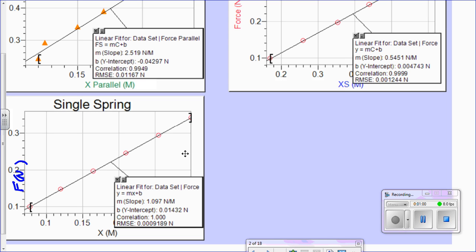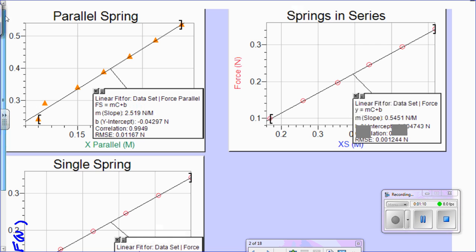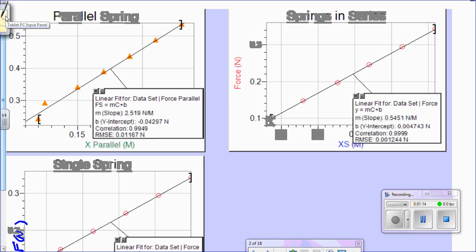The first thing that tells us is that the springs we were using were linear themselves when they were single. The second thing it tells us is that even if we had multiple springs operating in parallel, which is two springs next to each other that undergo the same displacement, or in series, which is one spring on top of another, they still had that linear change.